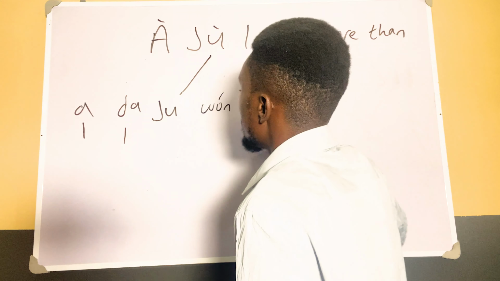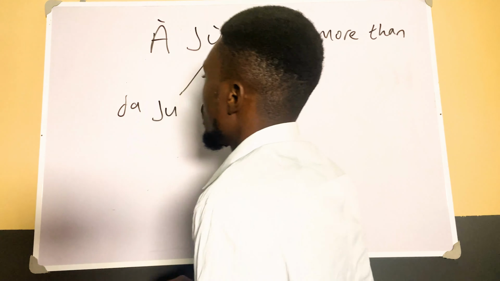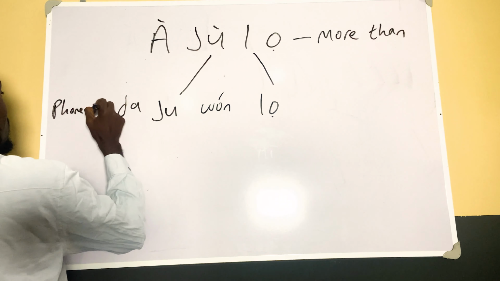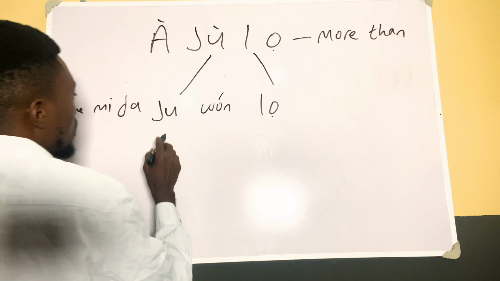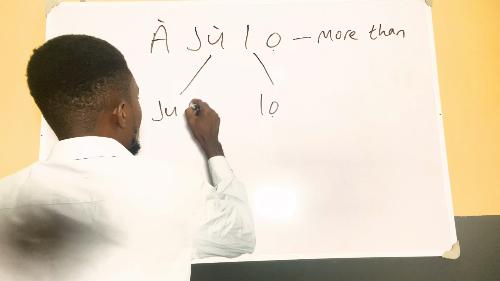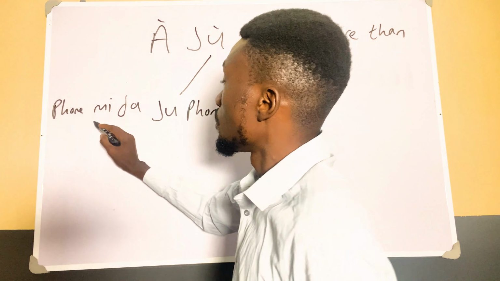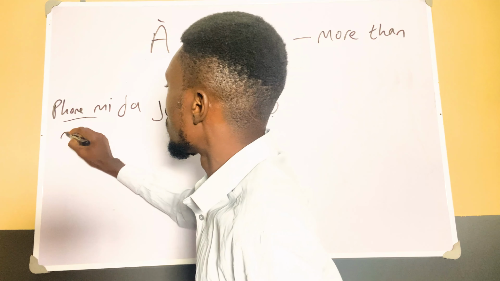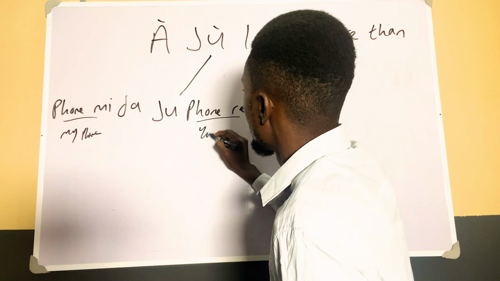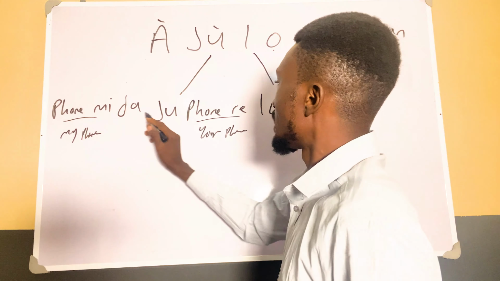So how you do that is, this one will now be phone mi dáa ju phone rẹ lọ. Phone rẹ, your phone. So you can see how this works. Phone mi dáa ju phone rẹ lọ.